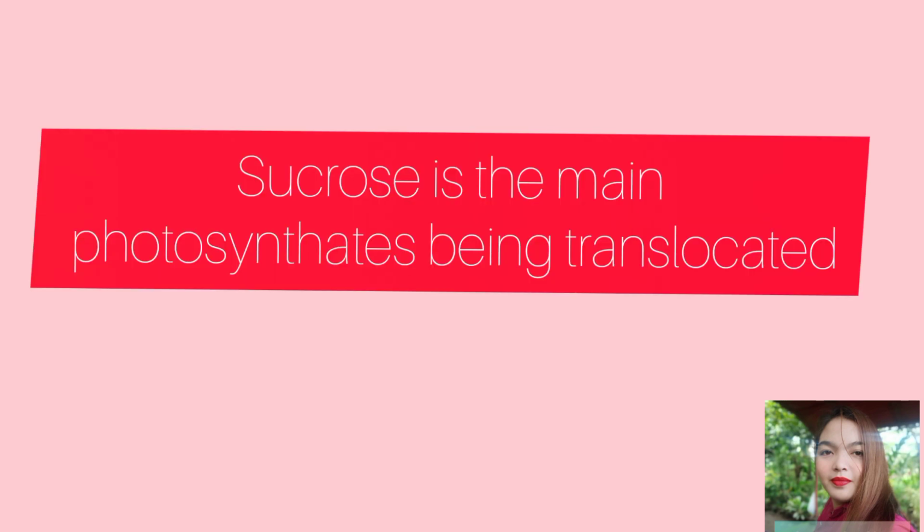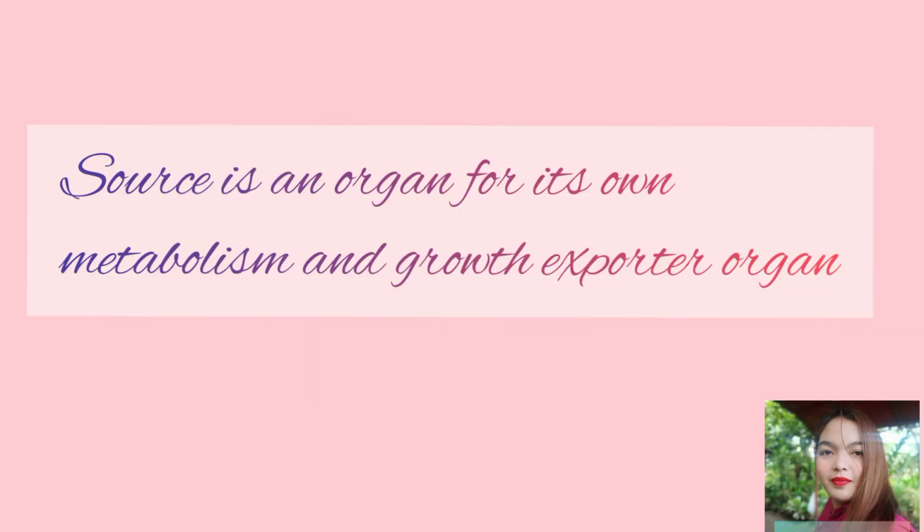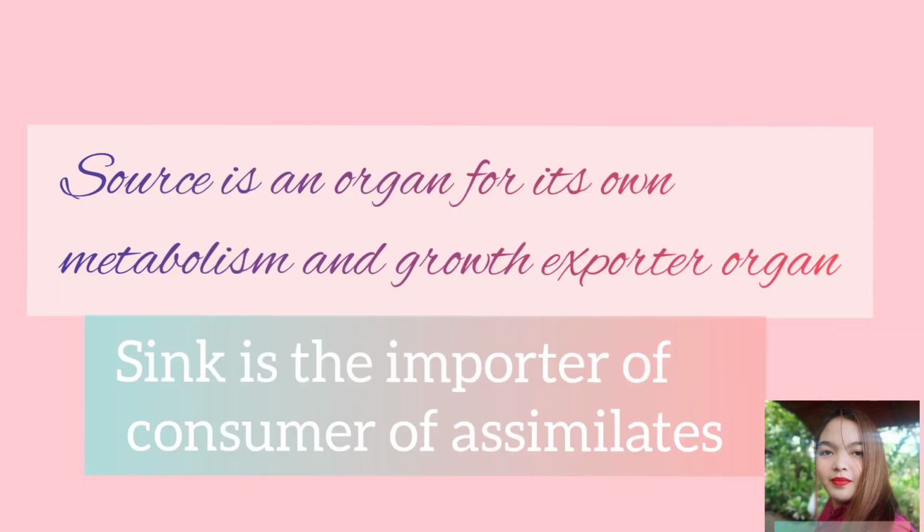And also, in translocation, sucrose is the main photosynthate being translocated. And last, translocation is from the sources to the sinks. A source is an organ or tissue that produces more assimilates than the requirement of the organ for its own metabolism and growth, an exporter organ.